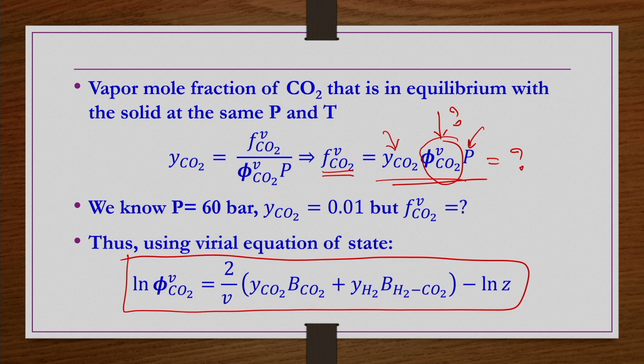So, ln phi CO2 V is equal to 2 by V times (Y CO2 B CO2 plus Y H2 B H2CO2) minus ln Z. Y CO2 is the mole fraction of CO2 in the mixture, and Y H2 is the mole fraction of H2 in the mixture. B CO2 is the second virial coefficient of pure CO2, and B H2CO2 is the cross virial coefficient of H2 and CO2.